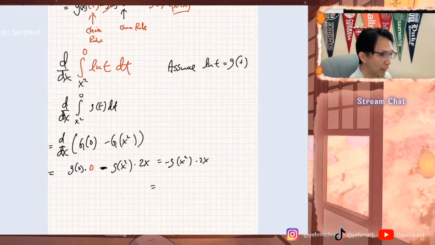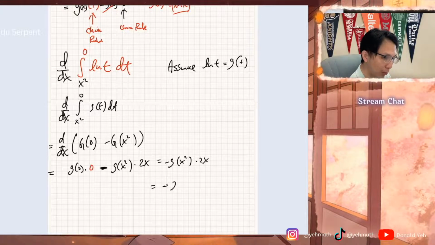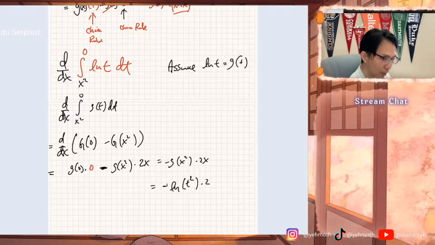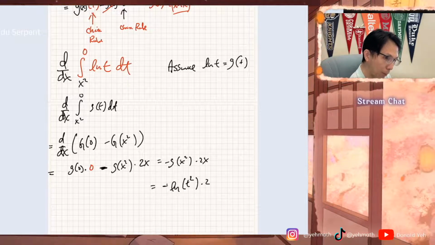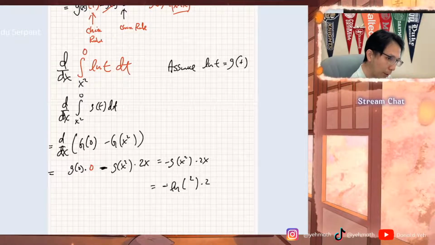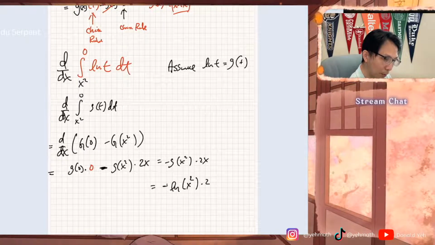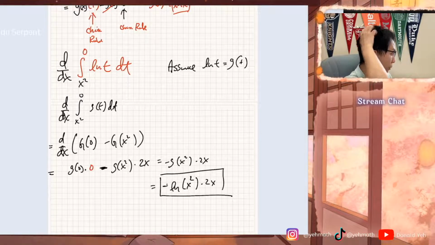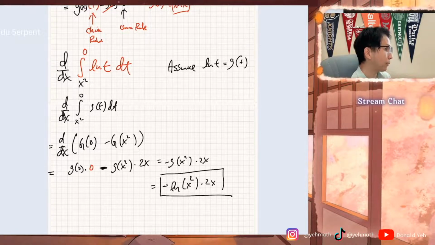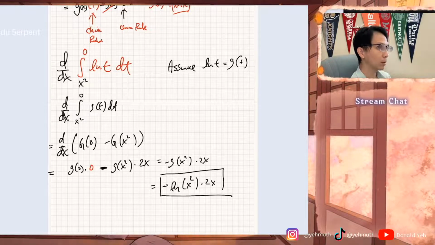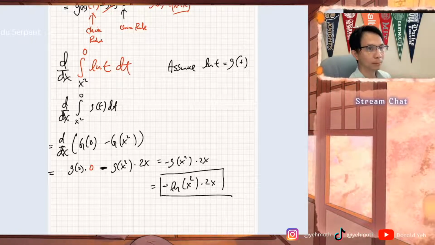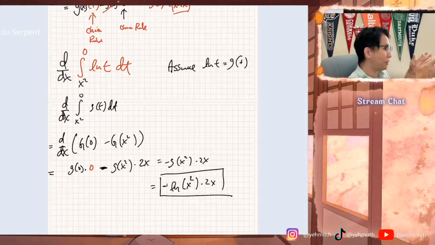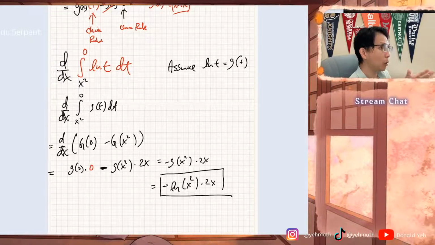We know g of t is equal to natural log of t, so that's going to be negative natural log of x squared times 2x. And that's my final result. Remember, it's not the same question as before. The problem is the chain rule: you have to take a derivative of the outside and a derivative of the inside. So don't ever forget that.